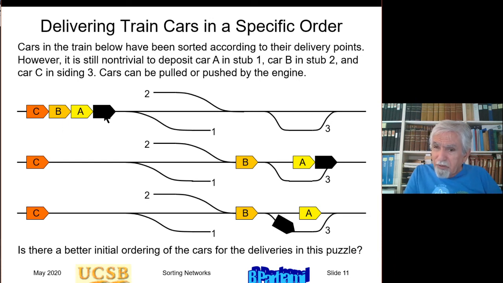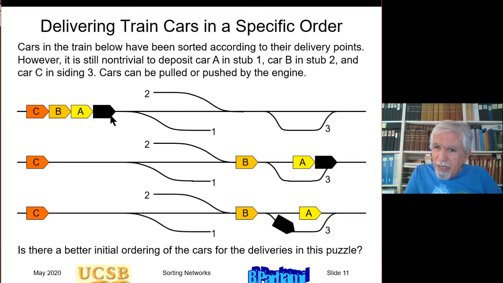So perhaps we could have put the engine between car A and B at the source train station, so that when it arrived here, it could push A into the stop and just continue. So it just had to make one pass to deliver all the stuff.